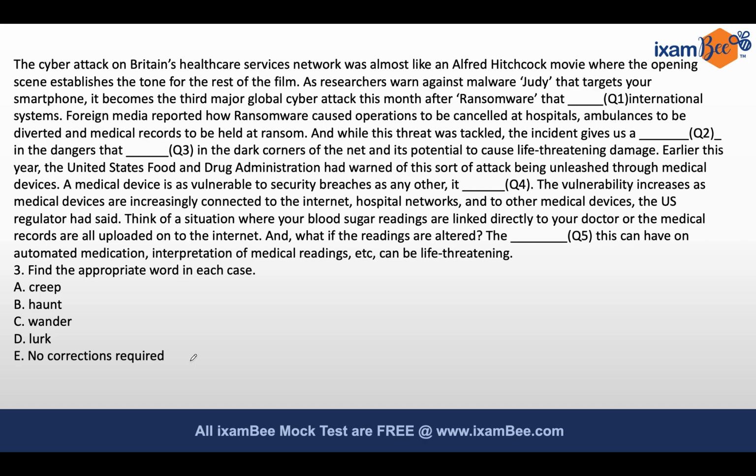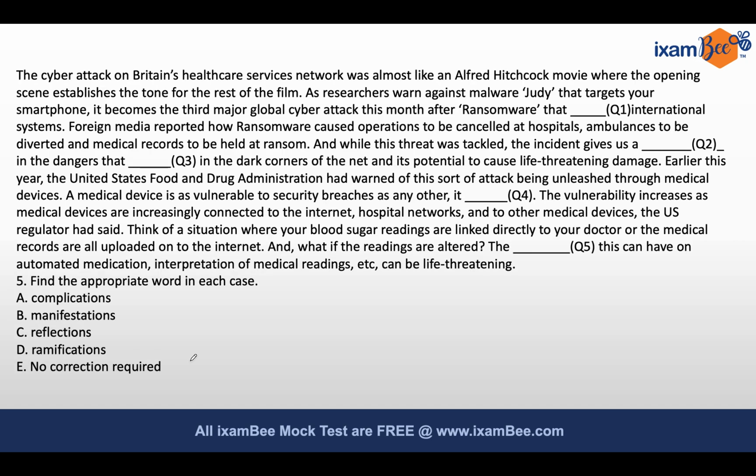Creep, haunt, wander, and lurk. You can just pause the video and you can work it out. Work this out. This is option 4. And here is option 5.